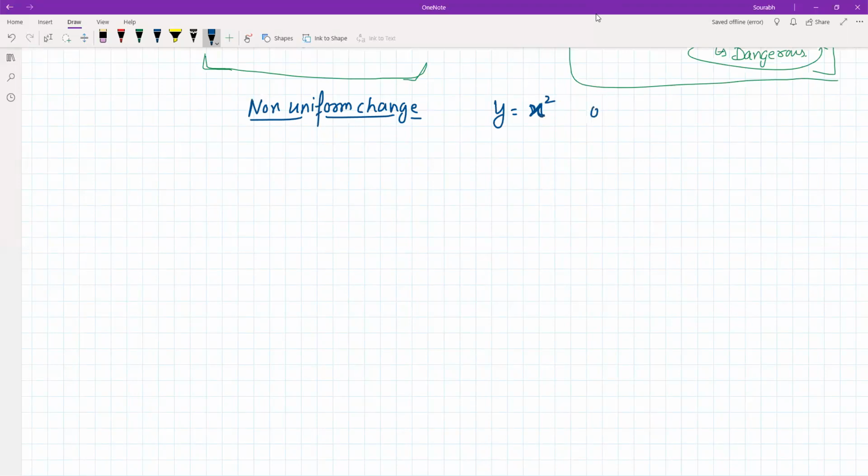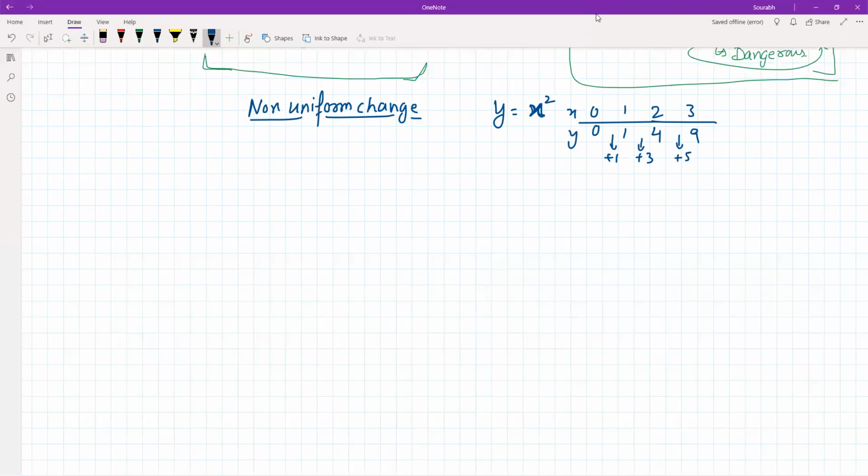So, this is x and y. x changes from 0 to 1, y changes from 0 to 1. Then x changes from 1 to 2, now y does not change to 2, y will change to 4. Next, if x changes to 3, y will change to 9. So this is not uniform. This is +1, here it is +3, and here it is +5. Such changes are called non-uniform changes.